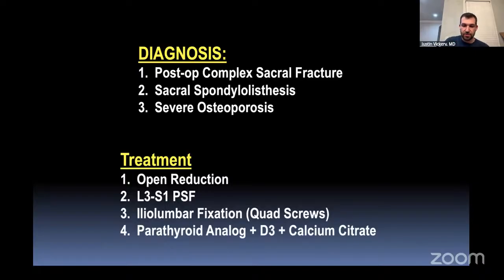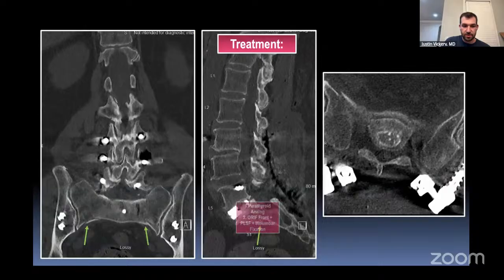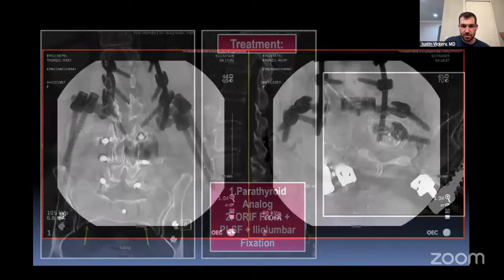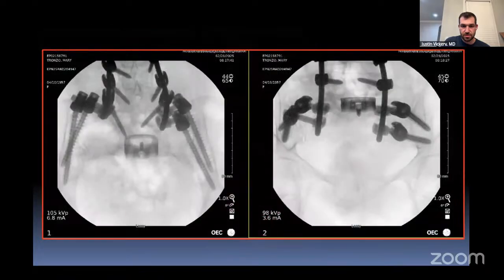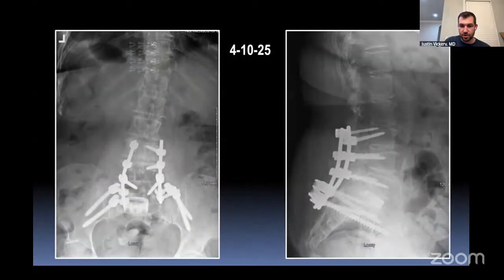So she underwent revision surgery, where she was extended up, as well as with the addition of stacked S2AI screws. She was also started on treatment for her osteoporosis as well.